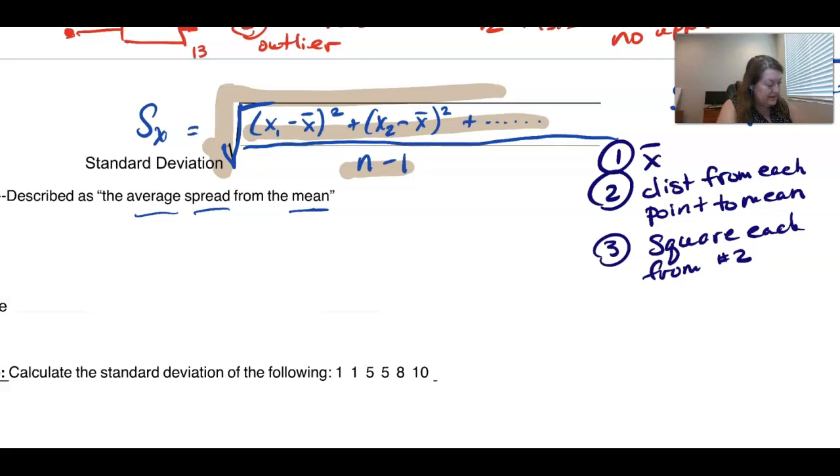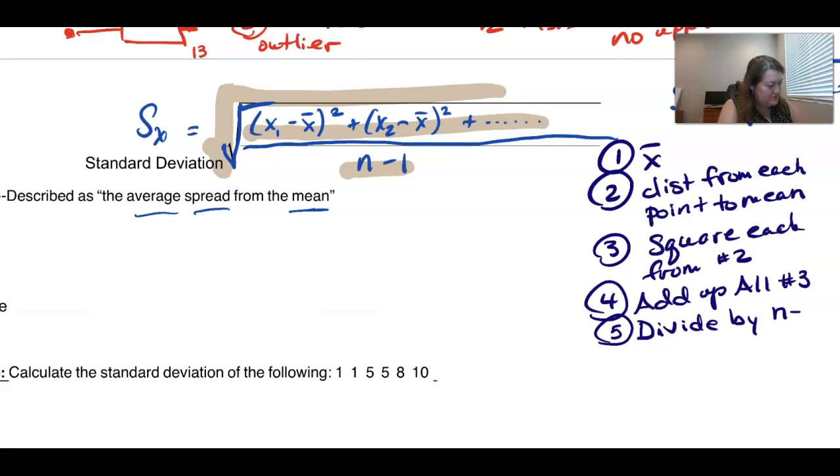The next thing is we're going to add up all the step 3 numbers, so we're going to add up all those squared numbers. Then step 5, we're going to divide it all by n minus 1. And then step 6, we're going to take the square root of step number 5. That is the way you get to standard deviation. It's got 6 big steps to it.